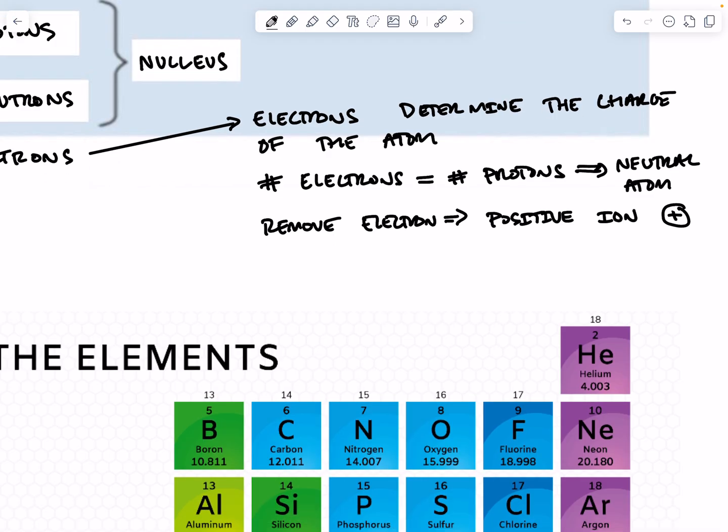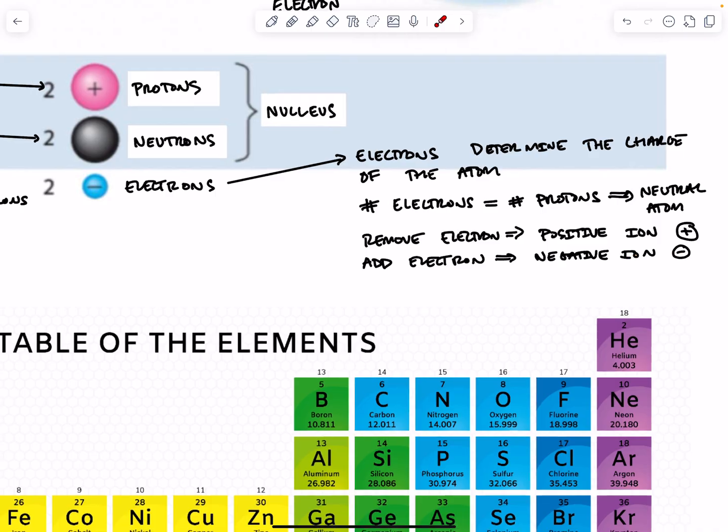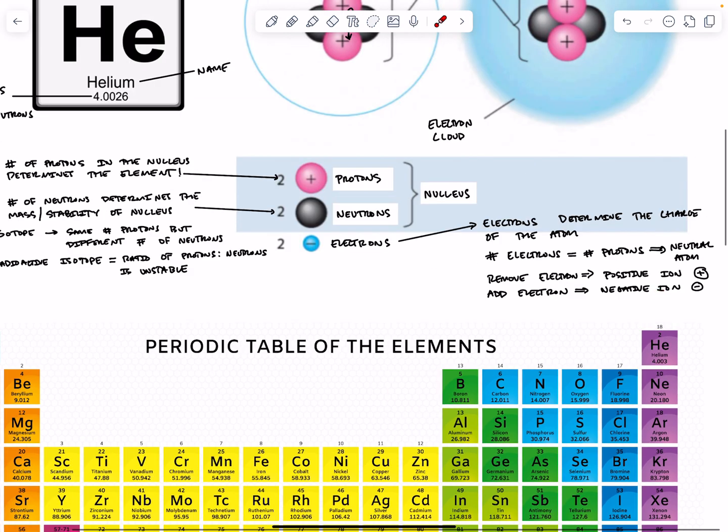So you create a positive ion. If you add an electron, you create a negative ion. Electrons have a negative charge, so if you add an additional electron, now the atom becomes negatively charged. It is a negative ion.